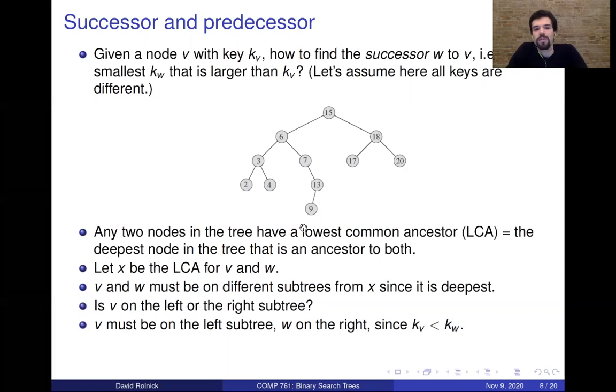Why can't it be on the right subtree? V has to be on the left subtree and W on the right because KV is less than KW.